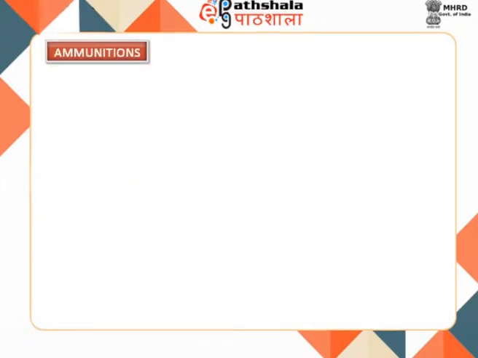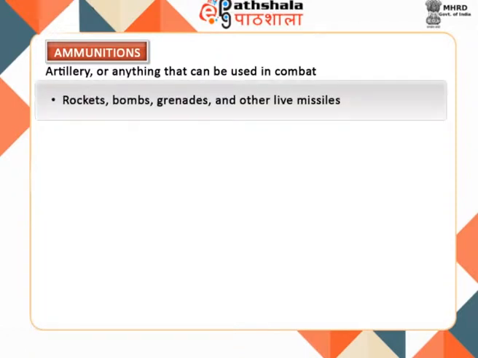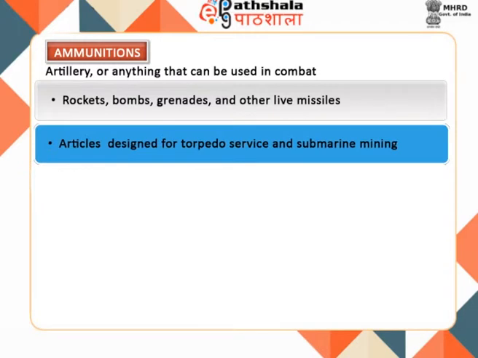According to Section 2(1)(b) of the Indian Arms Act 1959, ammunition means any artillery or firearm, and it includes: A. Rockets, bombs, grenades, and other live missiles. B. Articles designed for torpedo service, submarine mining.